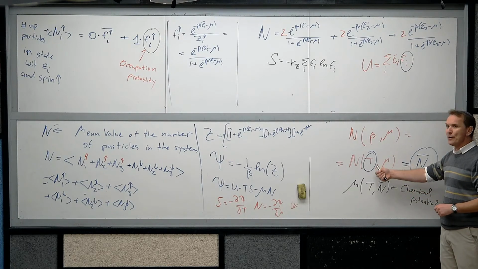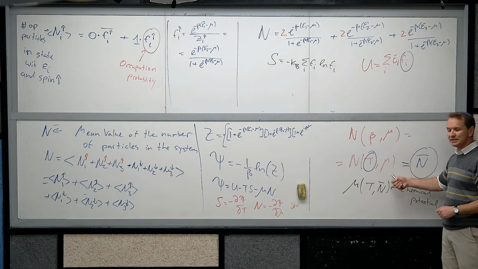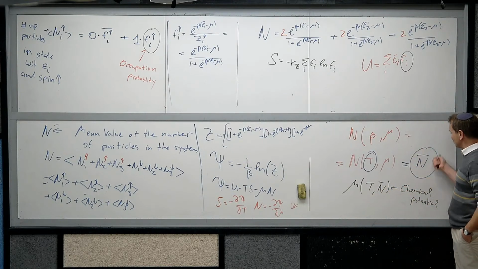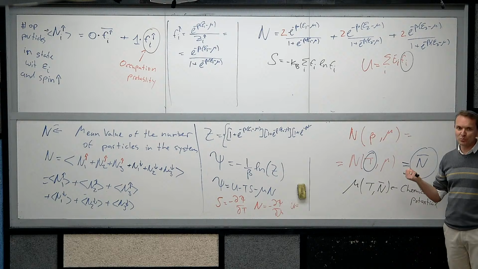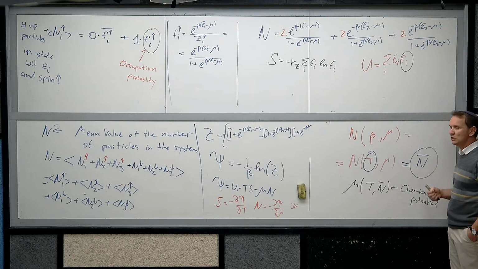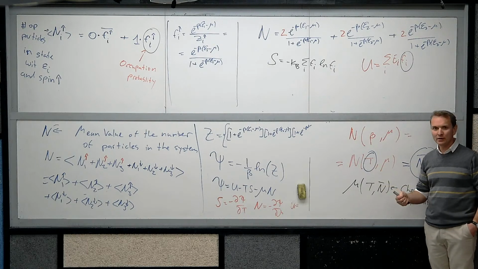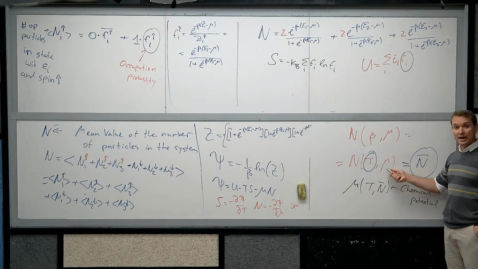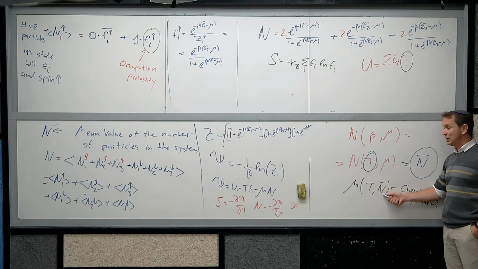But I now know how it depends on the temperature and the average number of particles. I can control this. I can prevent particles from escaping or coming inside the system. I can control the temperature by controlling the heat. So I now can express the chemical potential as a function of temperature and n.